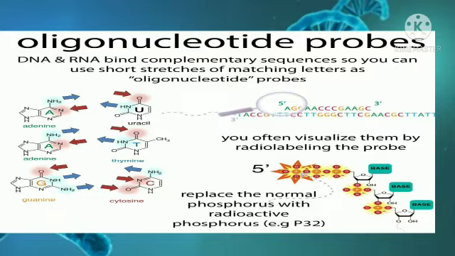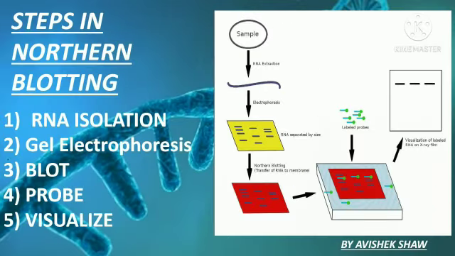Base complementarity is a super easy technique, as we can see, because it makes it easier to design the probes. And as hybridization is occurring between our RNA and the probe, these types of blotting techniques are also called nucleic acid hybridization.